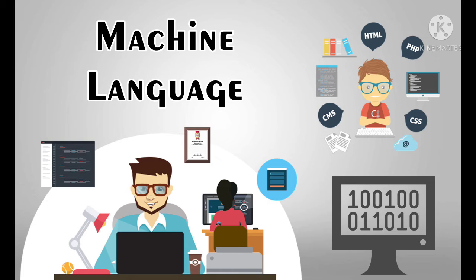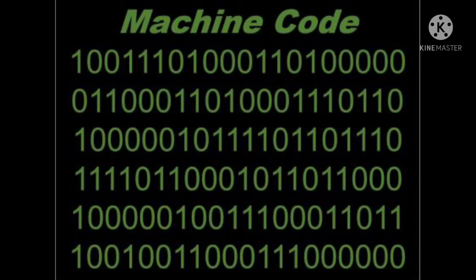The machine language is not so easy to understand as the language uses the binary system in which the commands are written in 1 and 0 form, which is not easy to interpret. There is only one language which is understood by the computer, which is machine language.